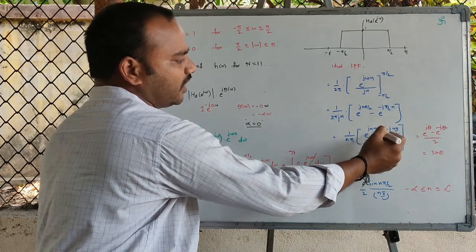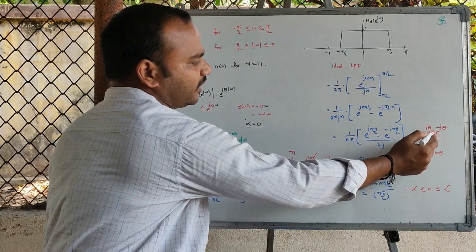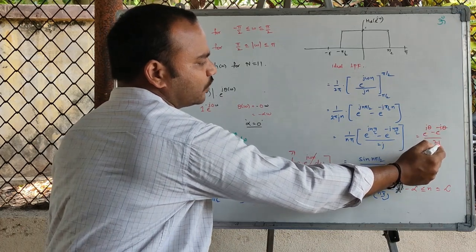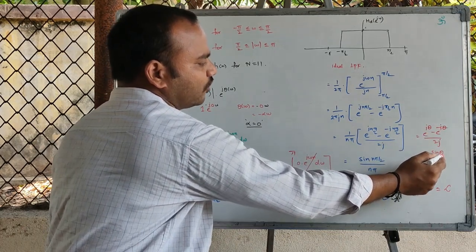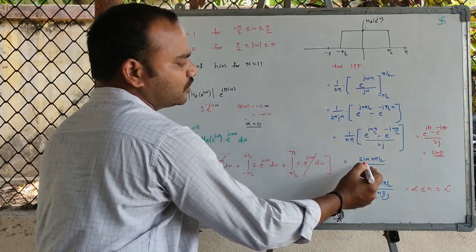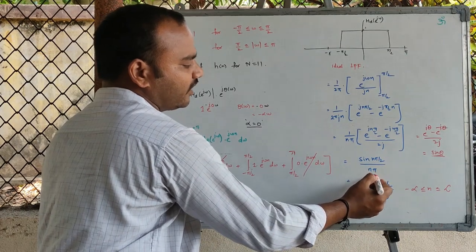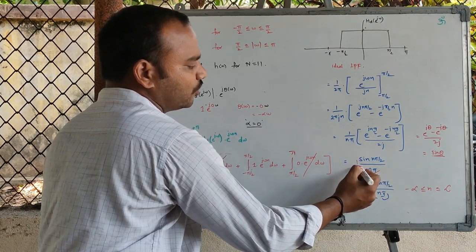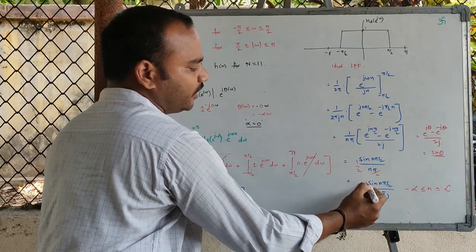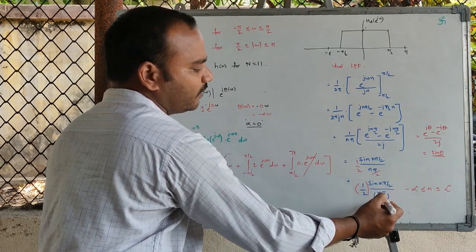This is very similar to the equation e power j theta minus e power minus j theta by 2j, which is exactly equal to sine theta. So from this, theta is n pi by 2, so we get sine n pi by 2 by n pi. Now if I multiply and divide by 2, I get half times sine n pi by 2 by n pi by 2.